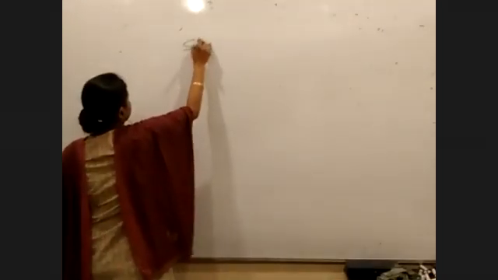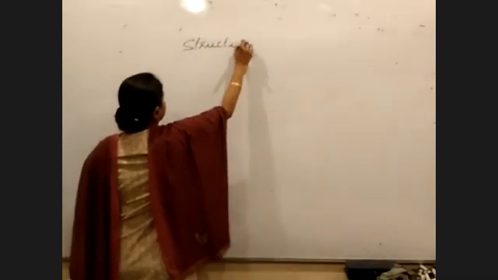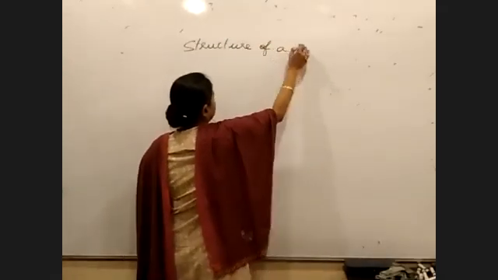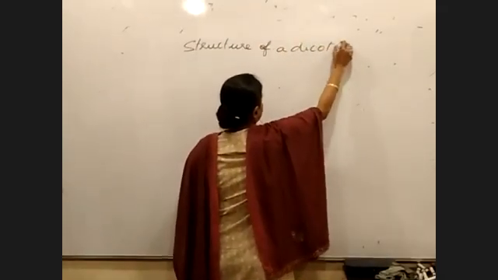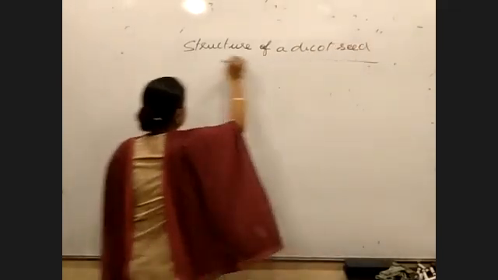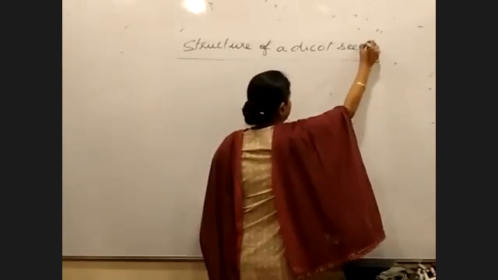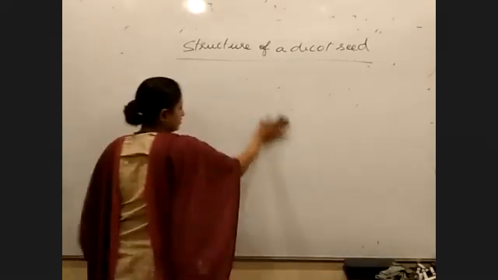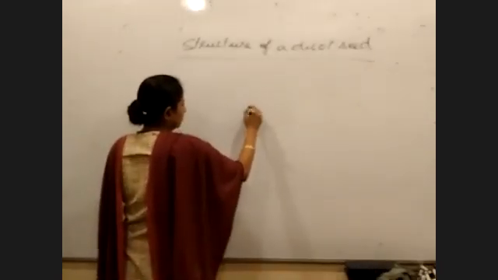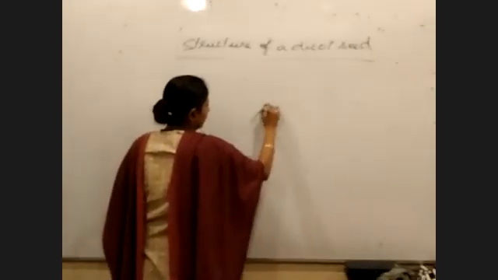So if we are talking about the seed, the dicot seed structure, then we draw something like this, a rough diagram.